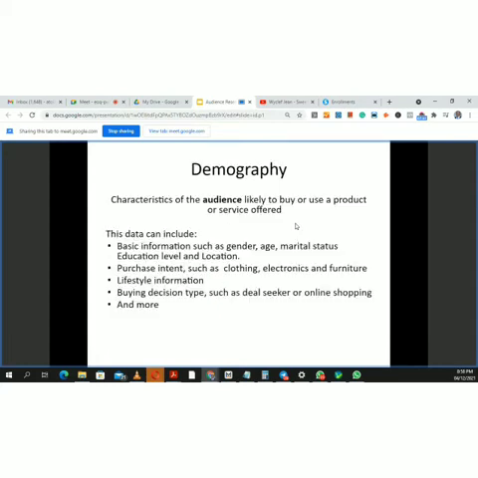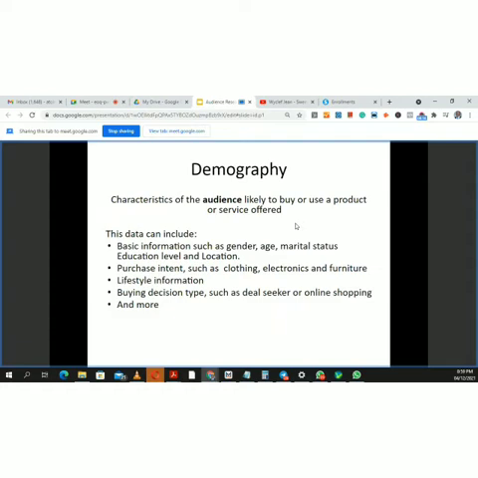So the demography is just your basic information, right? These are characteristics, some of which you can easily pick up from even just a simple conversation or by trying to profile the person. The characteristics of the audience can be their gender, age, marital status, education, location, their purchase intent, like why are they looking to buy this, or what kind of people are they, then their lifestyle information.